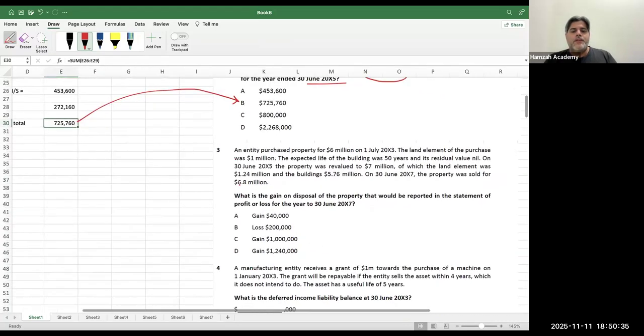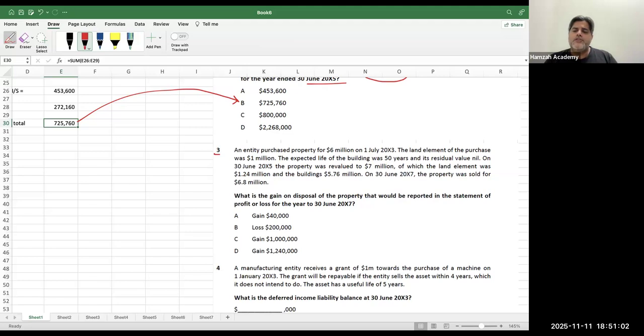Then we have a third point over here, and that is an entity purchased property for 6 million on 1st July 2023. The land element of the purchase was 1 million. Expected life of the building was 50 years and its residual value nil. On 30th June 2025, the property was revalued to 7 million, of which the land element was 1.24 million and the building was 5.76 million.